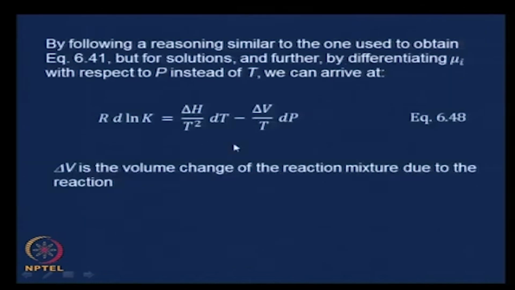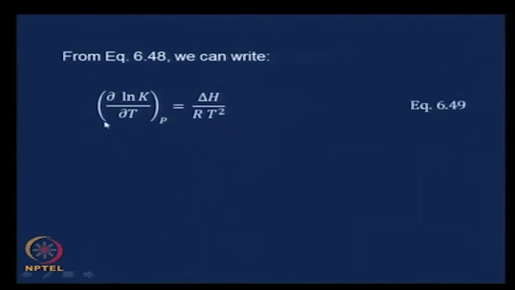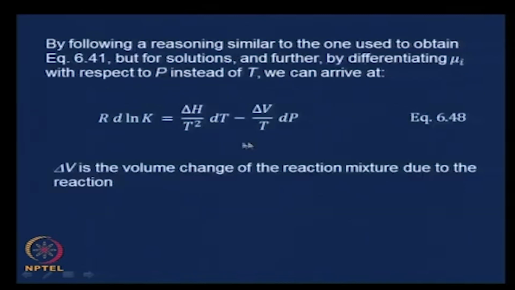From equation 648, we can write ∂ln k/∂T at constant P equals delta H by RT squared. It is quite easy to see that we are writing the total derivative in terms of the partial derivatives. d ln k equals ∂ln k/∂T at constant P dT plus ∂ln k/∂P at constant T dP.